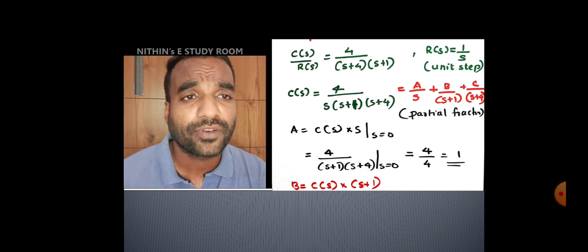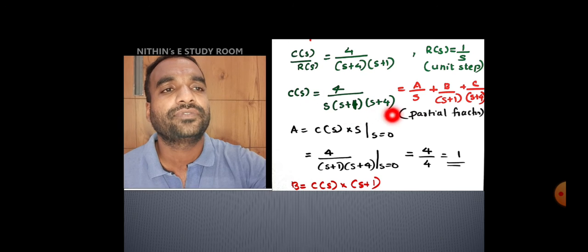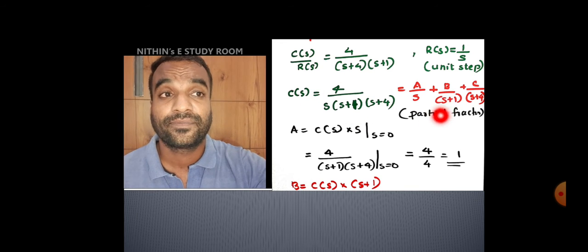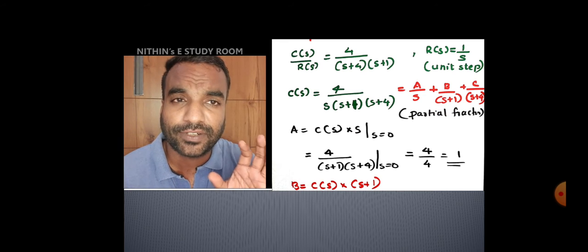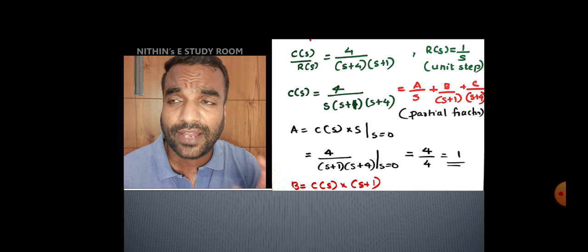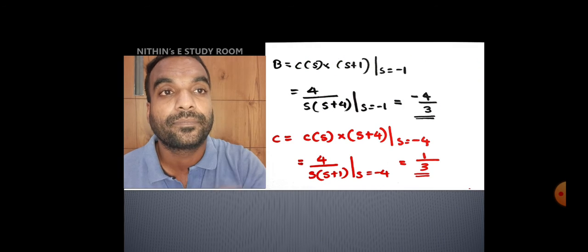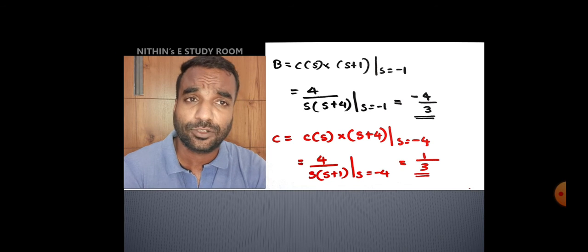Now how can you find B? For finding B, multiply this C(s) with s plus 1 and put s equal to minus 1, because you are equating s plus 1 equal to 0. So that value of the pole is s equal to minus 1.